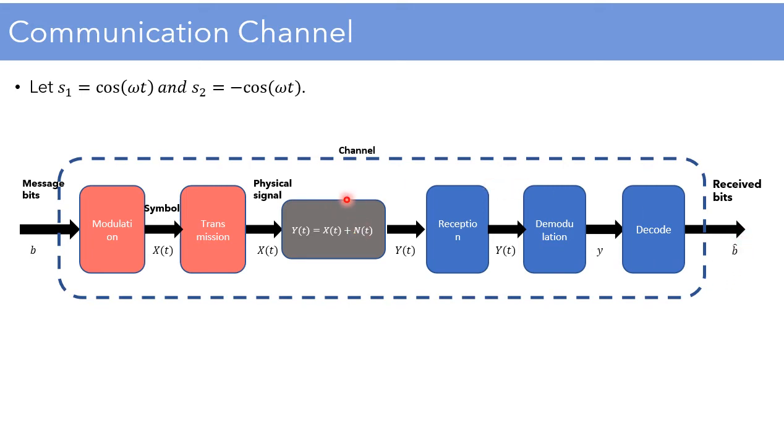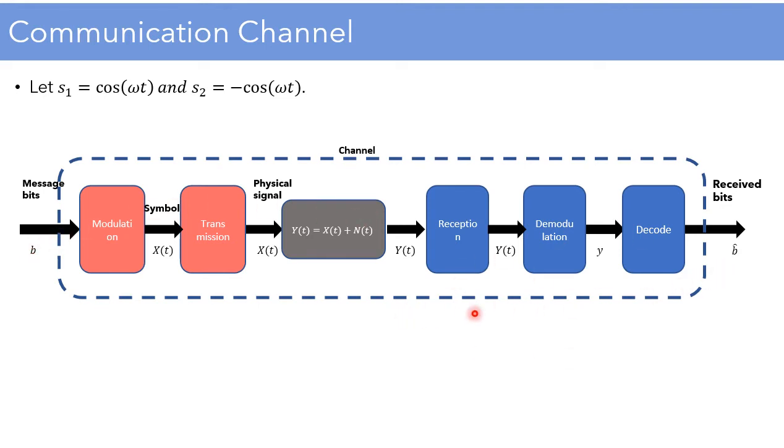So this is the communication channel, but we can also abstract this whole thing as the communication channel. This is the message bit and this is the received, decoded bit. So this is the received and this is the transmitted. You can treat the whole thing, including the modulator, transmission and decoder, as part of the channel. So it's a relation between b and b hat.